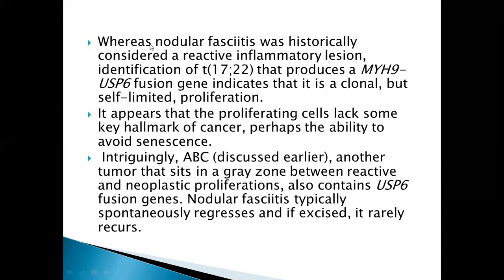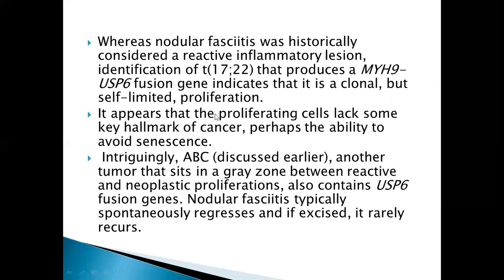Whereas nodular fasciitis was historically considered a reactive inflammatory lesion, identification of t(17;22), the translocation that produces a MYH9-USP6 fusion gene, indicates that it is a clonal but self-limited proliferation.